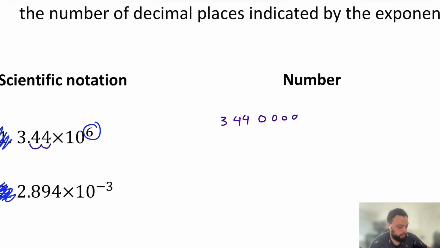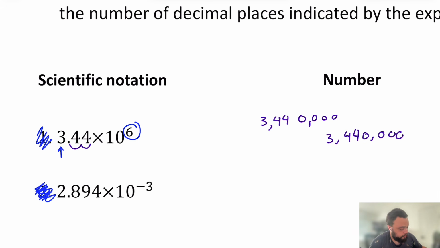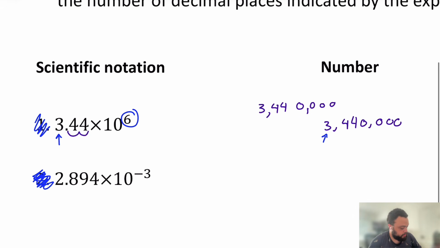We get 3,440,000. I even put in some commas there, but that's our number. Now, if you think about it using my method, you get a 3 followed by 6 digits. 3, 1, 2, 3, 4, 5, 6. There you go.